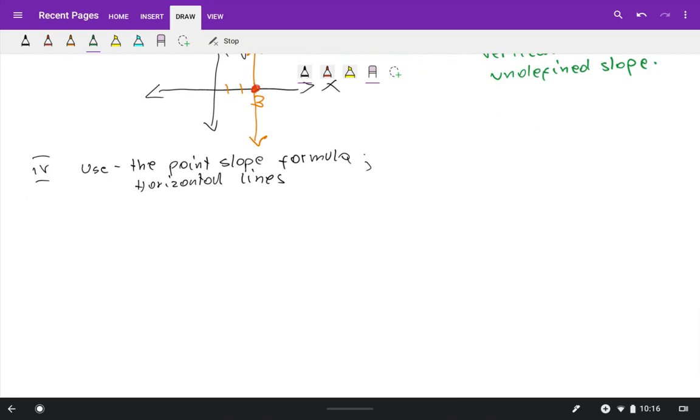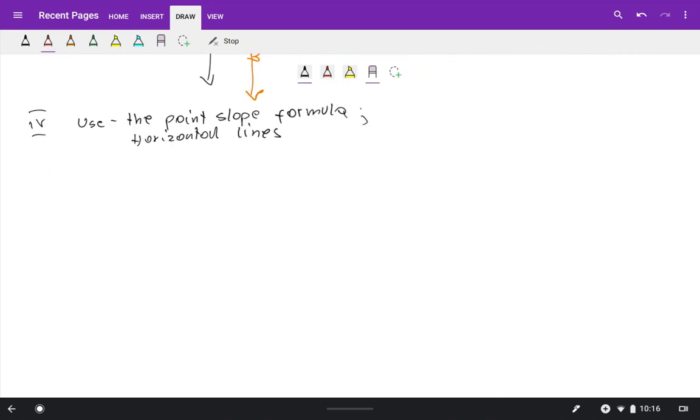So next, I'm going to teach you how to write the equation of a straight line using one point and the slope. The point slope formula is also important, you need to know that.